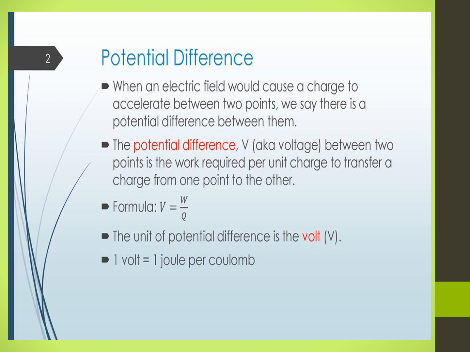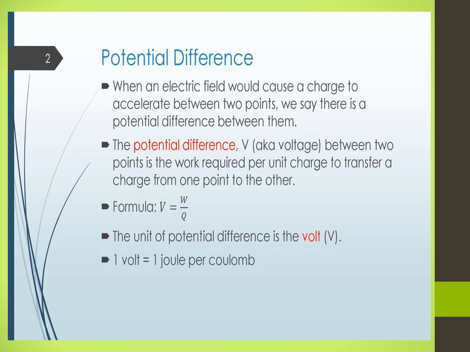V is equal to W by Q. So W is equal to 5 multiplied 10 power 6, and Q is equal to 2 multiplied 10 power 4. So we divide these numbers.